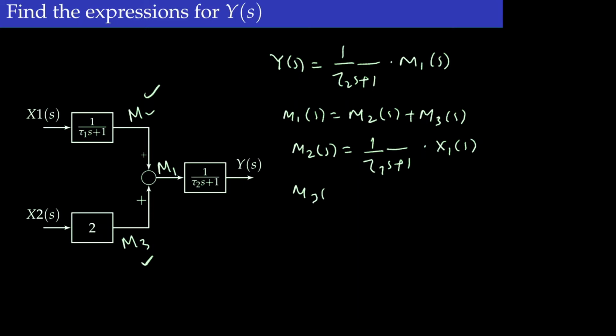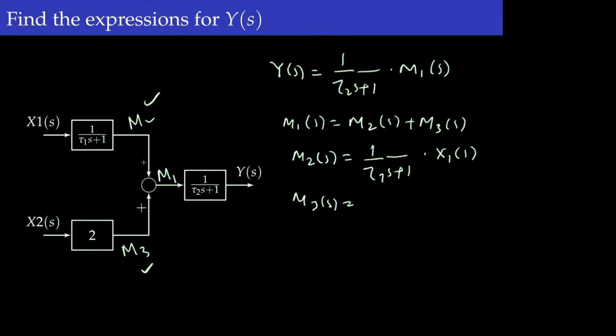And m3 is, so m3s is 2x2s. So if I plug in here m1, which is m2 plus m3, we'll end up getting ys will be m2s is 1 over tau 1s plus 1, and then 1 over tau 2s plus 1.